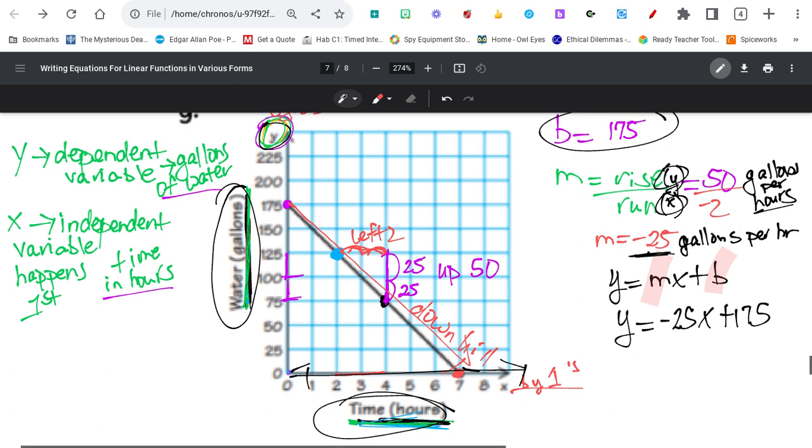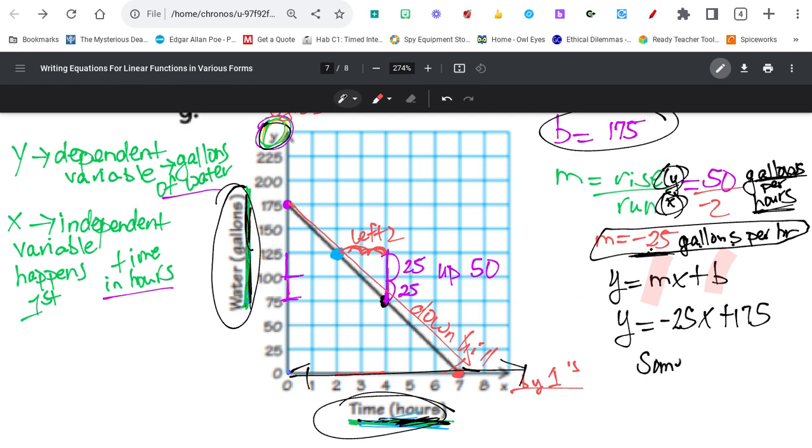If you can just tell me what unit is on the y-axis, gallons, put it where your rise is. And then what unit is on the x-axis, and put it where your run is. And put the word per between them. It'll tell you what that slope means. That means something is losing 25 gallons per hour. How do I know it's losing and not gaining?